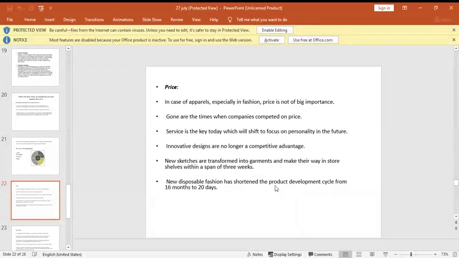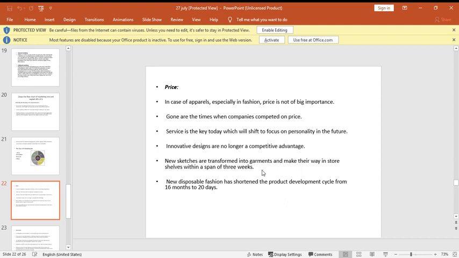First, we are going to learn about price. In the case of apparel, especially in fashion, price is not of big importance.